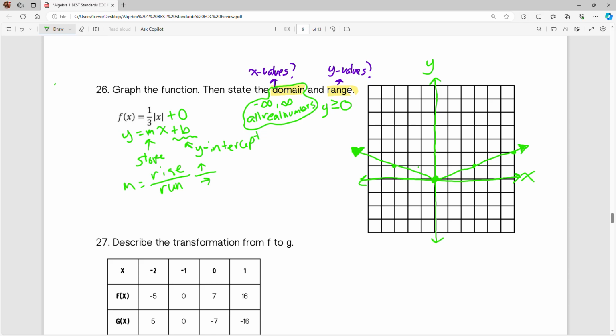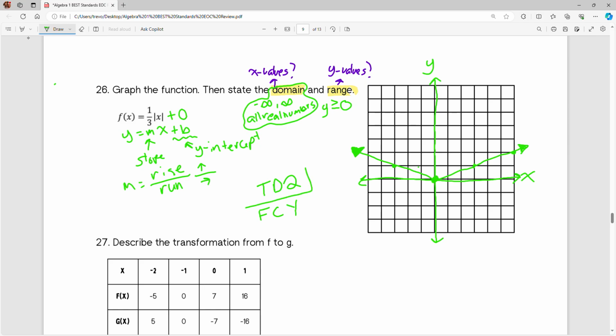So to practice this with some absolute value functions and some what are the domain and range questions, I've got 2 lessons on IXL. I've got TD2 and I've got FCY.